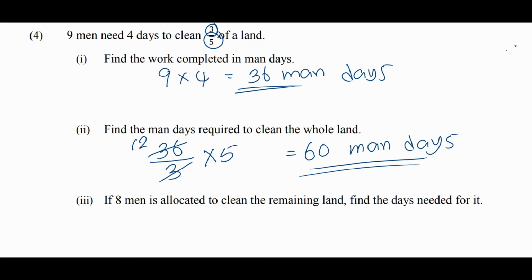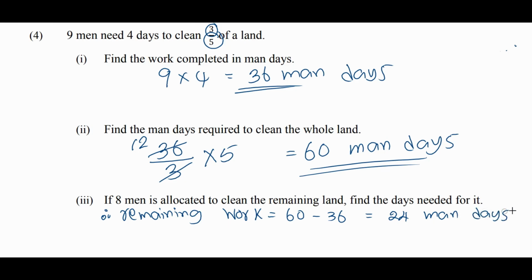Question number 3. If 8 men are allocated to clean the remaining land, find the days needed for it. Now we have done 36 man days, but the total work is 60. Therefore, first of all, we have to find the remaining work. Remaining work is equal to 60 minus 36, that means 24 man days.